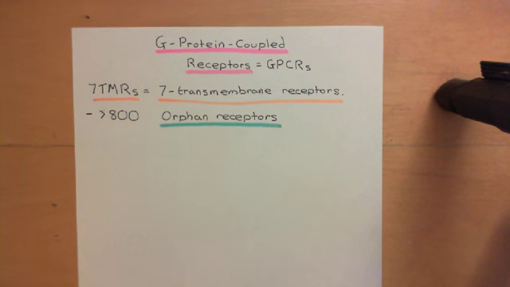So this really is a very, very common type of receptor. Nature has found this and it has run with it. It's not totally understood why this is such a successful design. What is so good about having 7 membrane-spanning alpha helices?